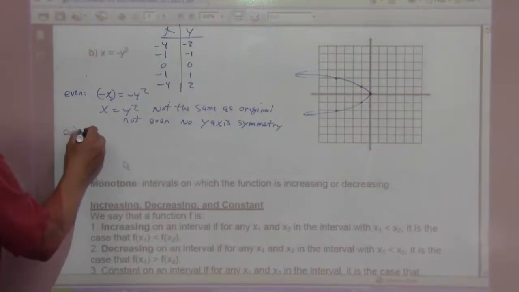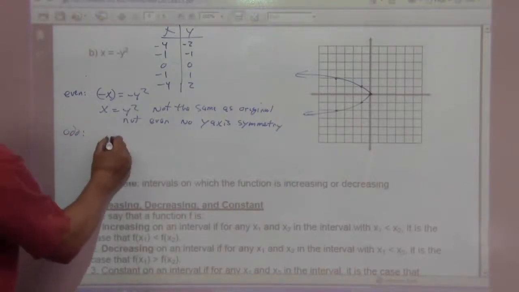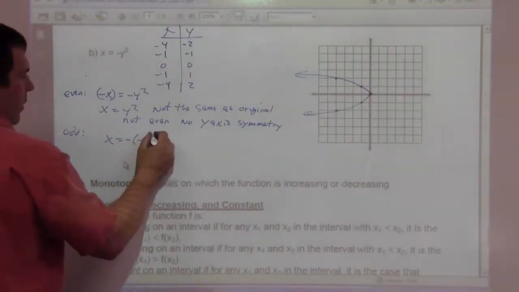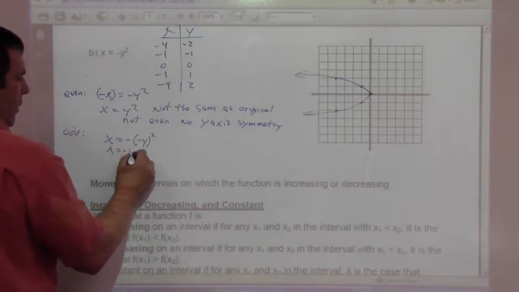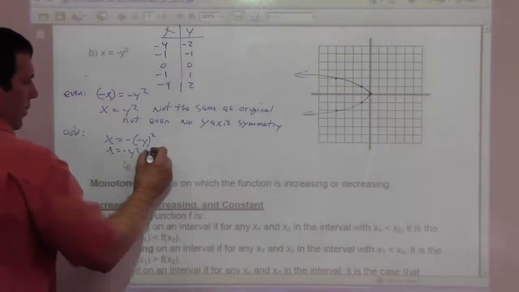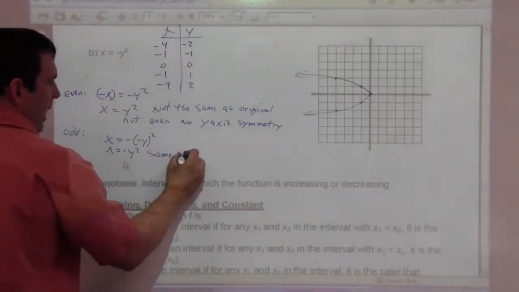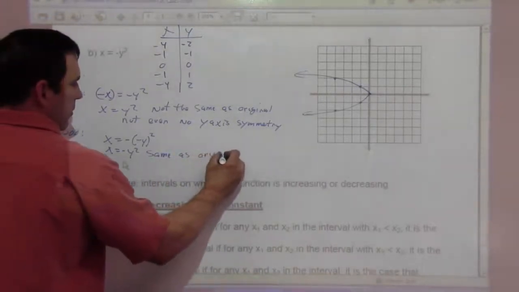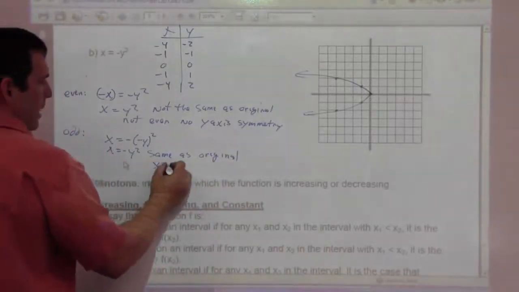Now we do it for odd. x equals the negative of negative y squared, x equals negative y squared. So that means this is the same as the original. So it has x-axis symmetry.